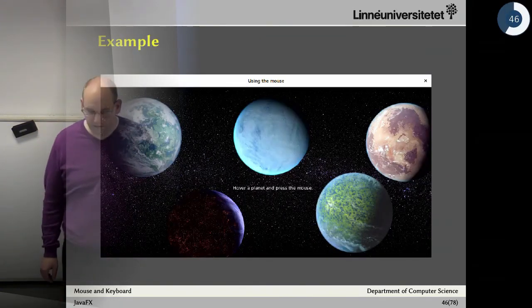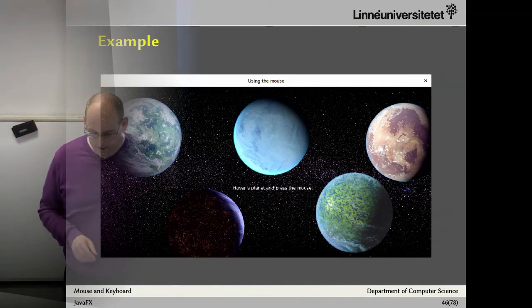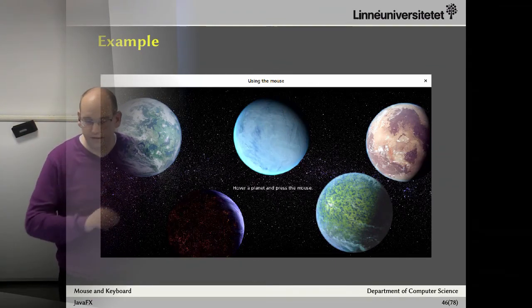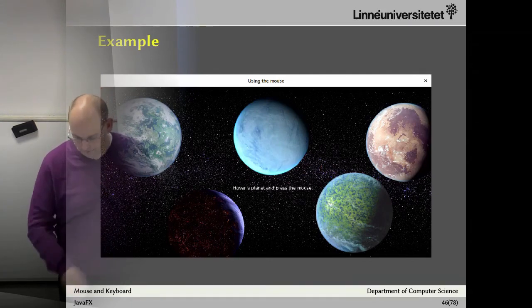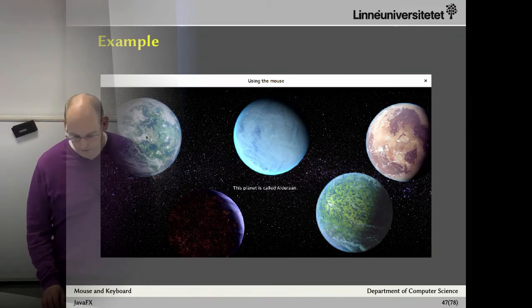Here's an example. Nice images. You see 5 planets, and you can take the mouse and hover them, and you can click them. If you hover them, for example, now we are over the planet Alderaan.